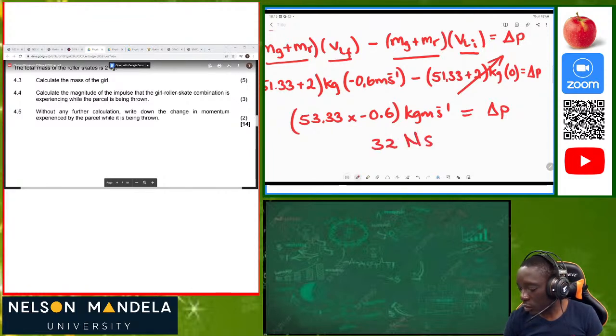The 32 Newton second, so that's negative, is the change in momentum.